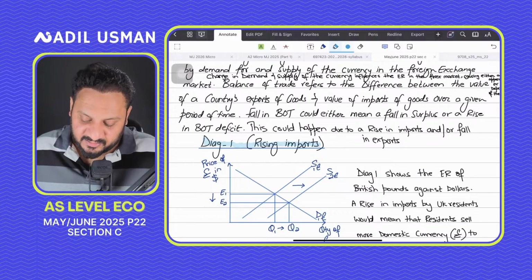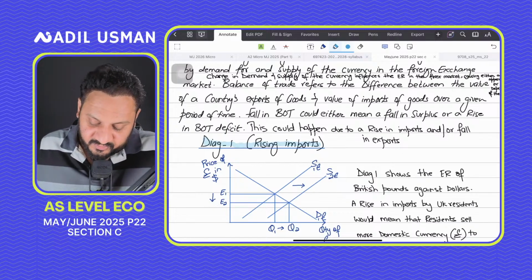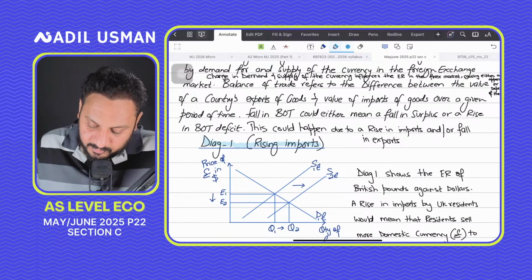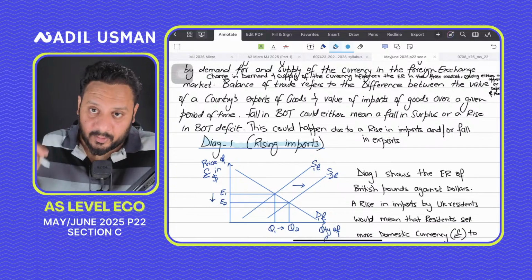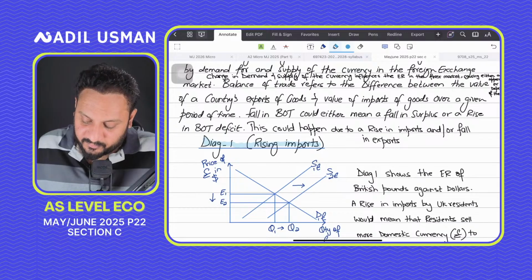See, the question is asking you, may have a greater impact on the exchange rate. A falling balance of trade may have a depreciating impact on the exchange rate, right? But let's say a rise in the interest rates may have a rising impact on the exchange rate. The exchange rate may appreciate instead of going down.